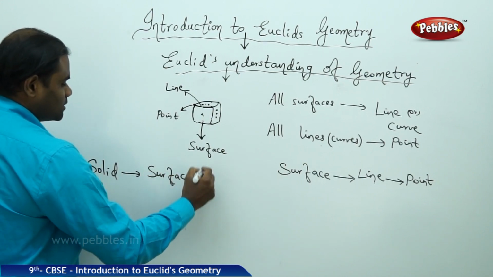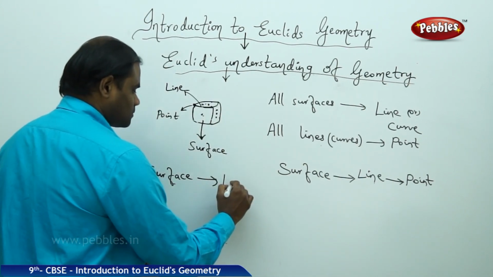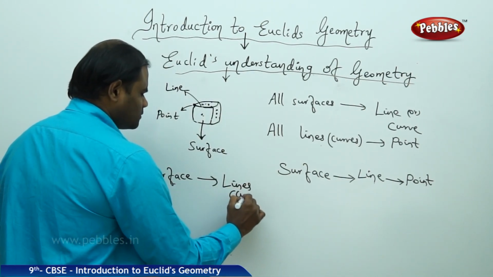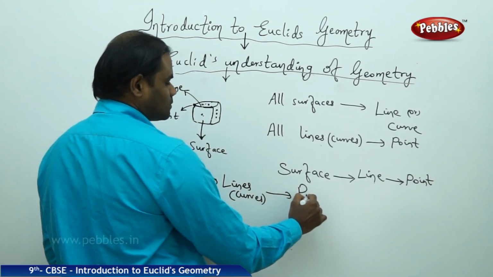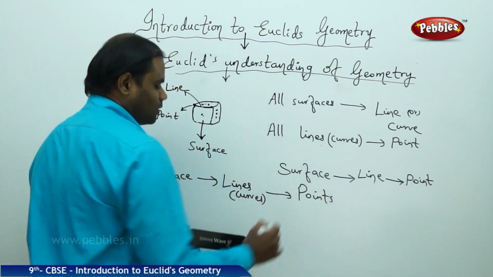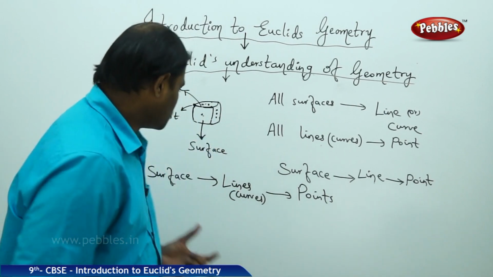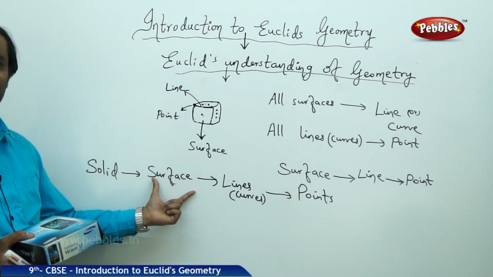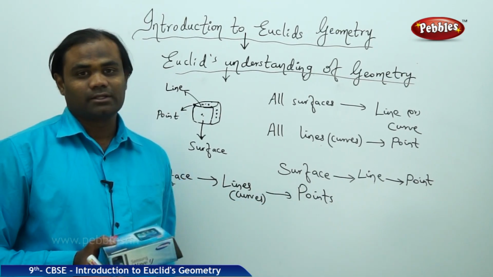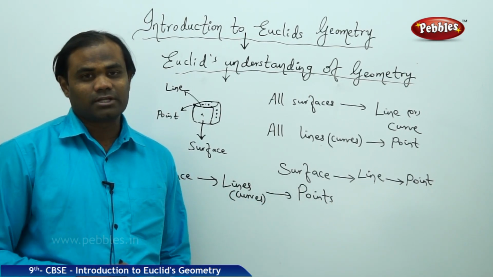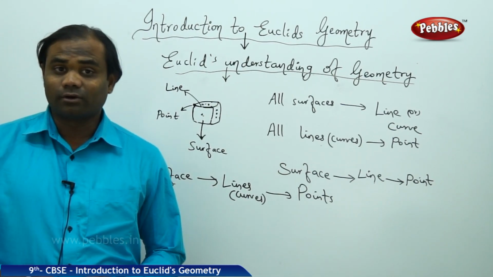The solid makes the surface, and the surfaces make the lines or the curves, and the curves or the lines make the point. So the solid structure defines the surface, surfaces define the lines define the points, is how we understand the transaction series in the Euclid's understanding of geometry.